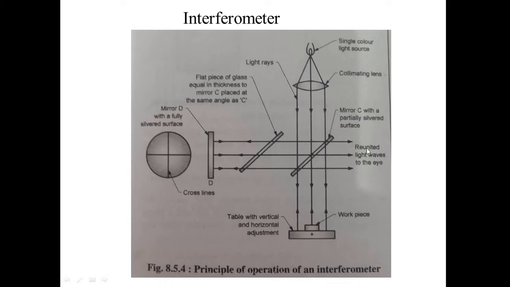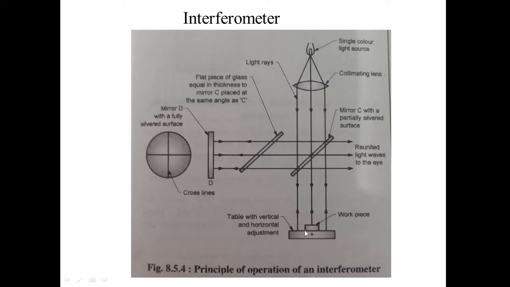Now in order to use the interferometer for making length measurements, the objective is to measure the length of this object. This table is slightly tilted so that small interference bands will appear on the table and workpiece surfaces.